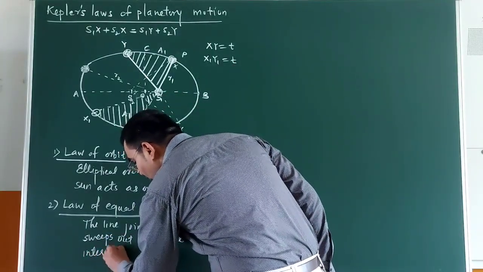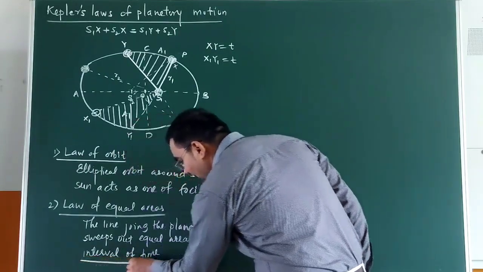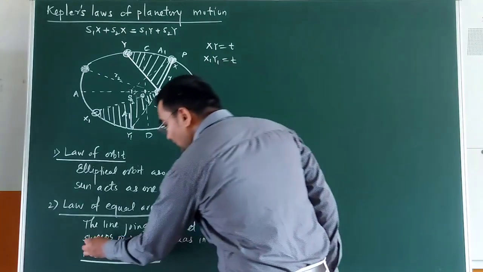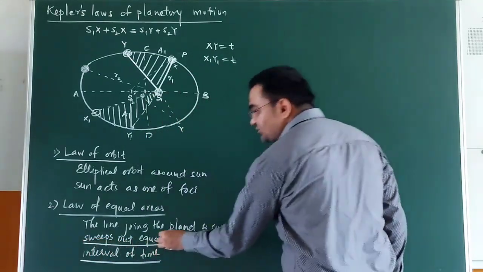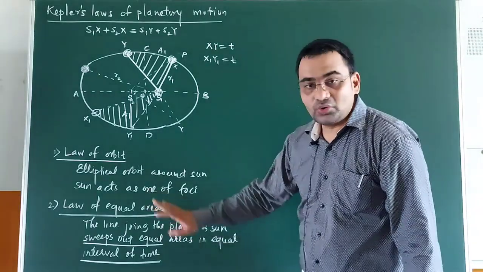This one is very important to learn. Intervals of time are always the same. If intervals of time are the same, then the two positions of the planet will cover equal areas throughout.